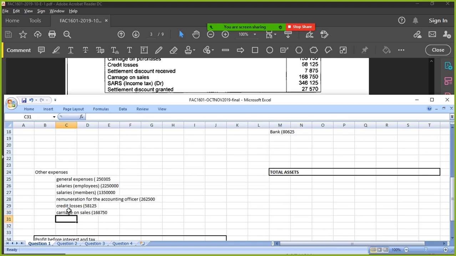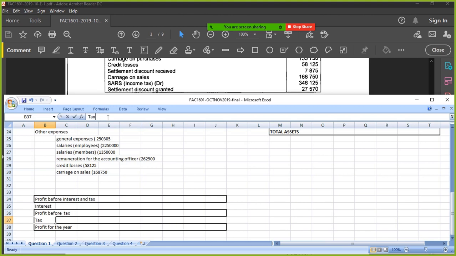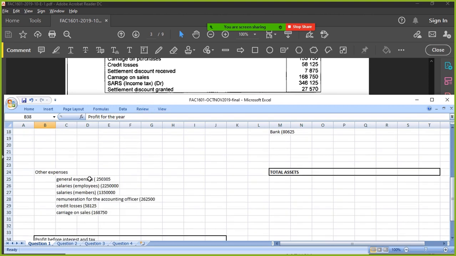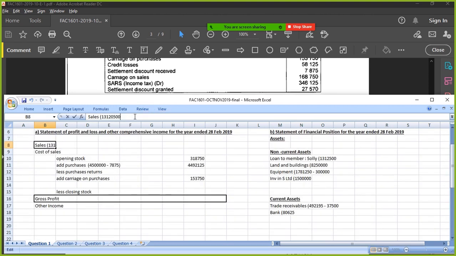Okay, SARS income tax. Settlement discount granted. Okay, here I'm going to show it there. Okay, 27,570.